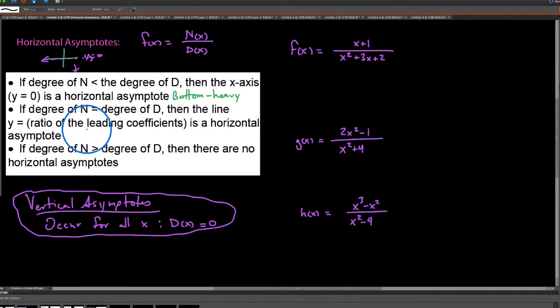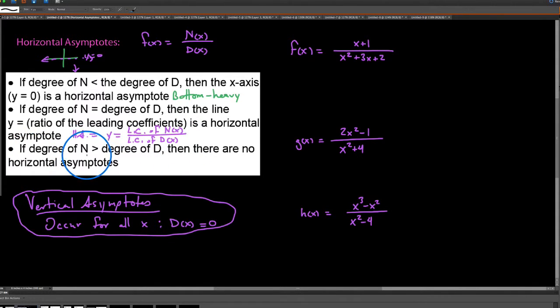In other words, if the degrees are equal on top and bottom, then the horizontal asymptote is y equals LC of n of x, the leading coefficient of n of x, over the leading coefficient of d of x. We'll just use that ratio right there.